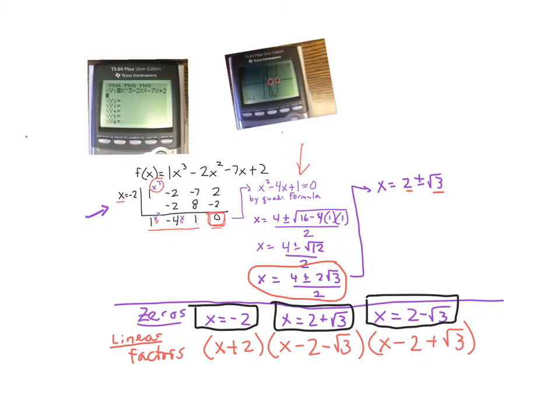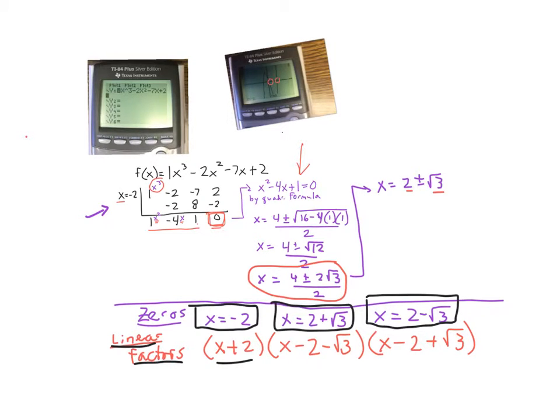And the reason I want to express them that way is because ultimately they ask for the linear factorization, or the linear factors. So if x equals negative 2, if I take that negative 2 to the other side, I get x plus 2 as a factor. So that's one of the 3 linear factors of that x cubed term.